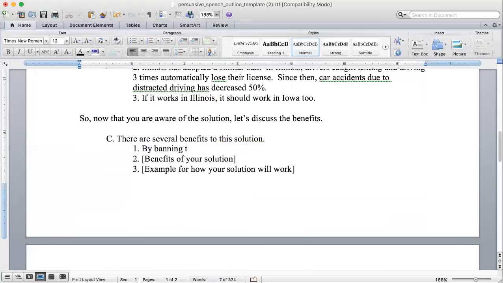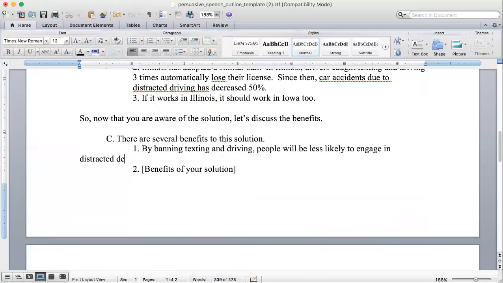By banning texting and driving, people will be less likely to engage in distracted driving due to cell phone use.